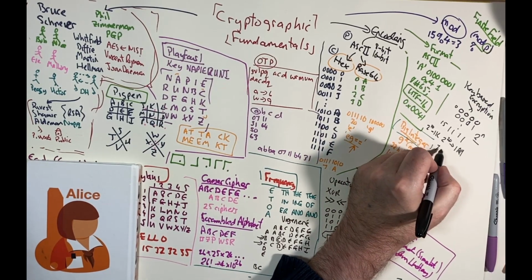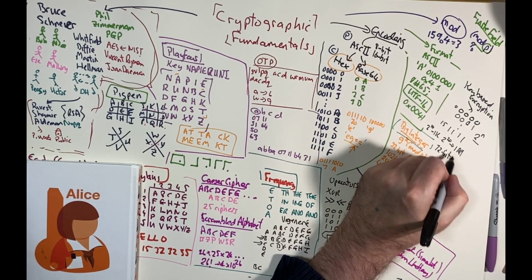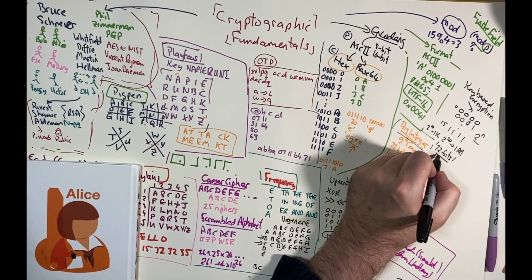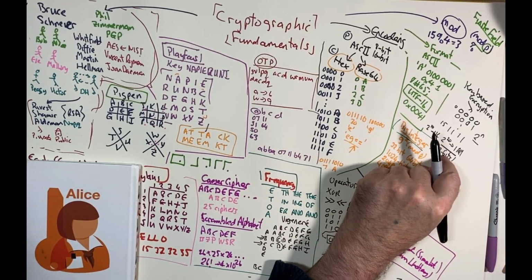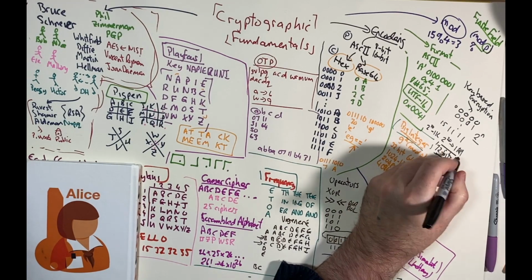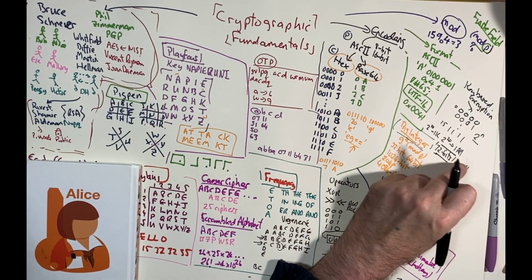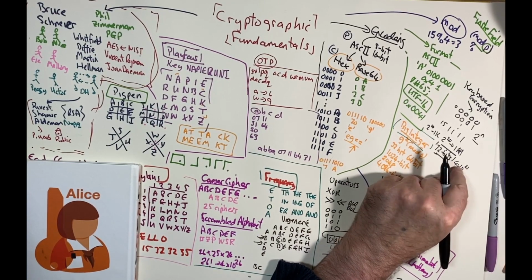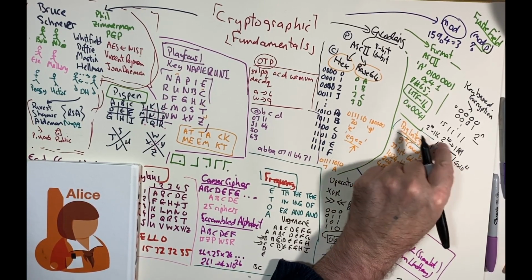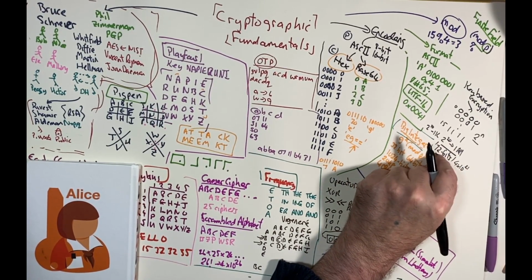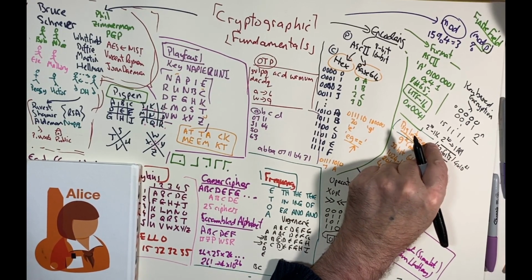A key breakpoint is at 72 bits because this is around the cracking level of the internet. And if you're interested, it's 4 times 10 to the 21, a very large number of keys. But because of computing power, it's possible within a reasonable amount of time to find a key in this space.